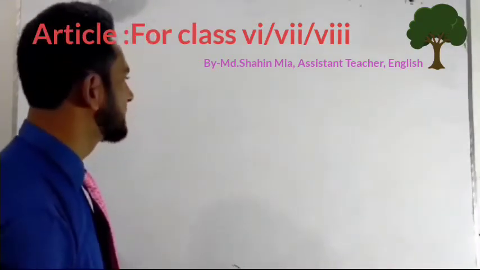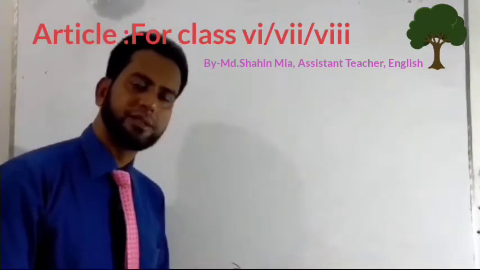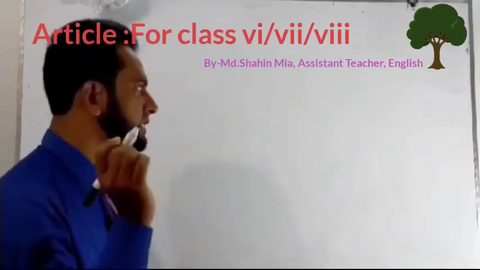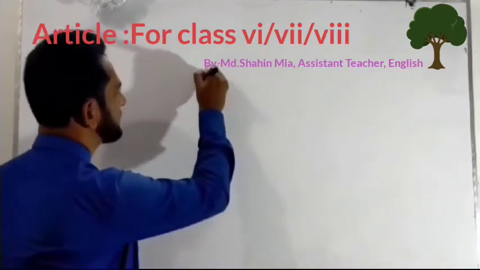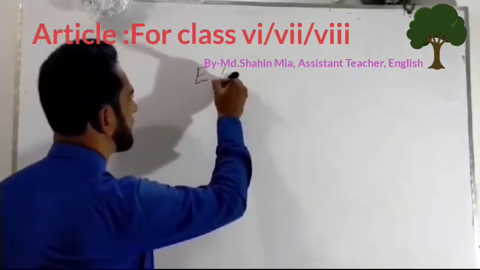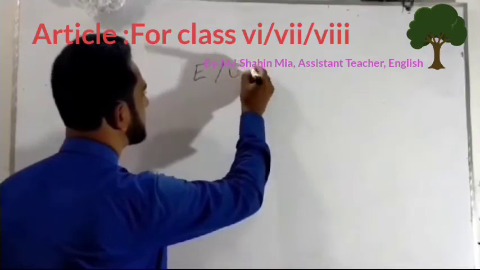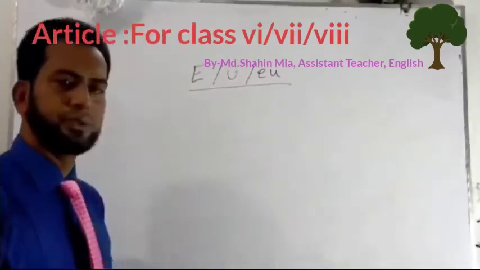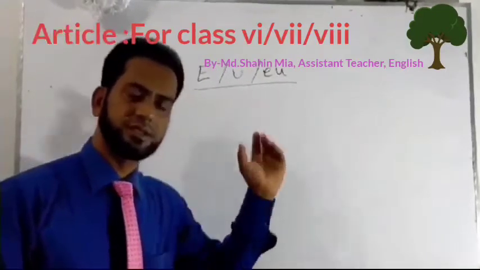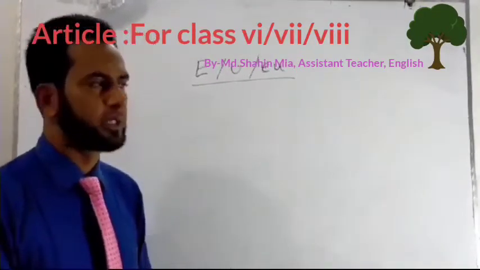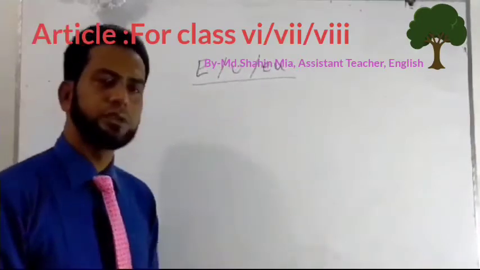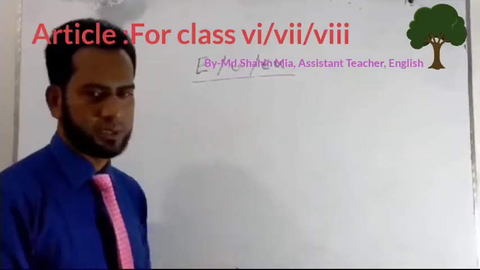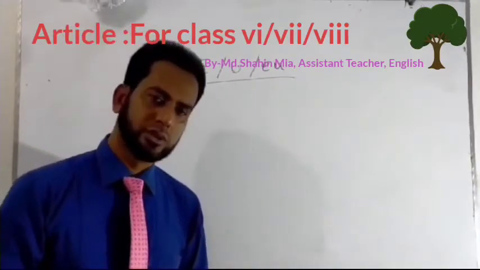Dear learners, our next rule: if we get at the beginning of any word E or U, or EU, here we must analyze the pronunciation or the sound of these words: vowel sound or consonant sound.